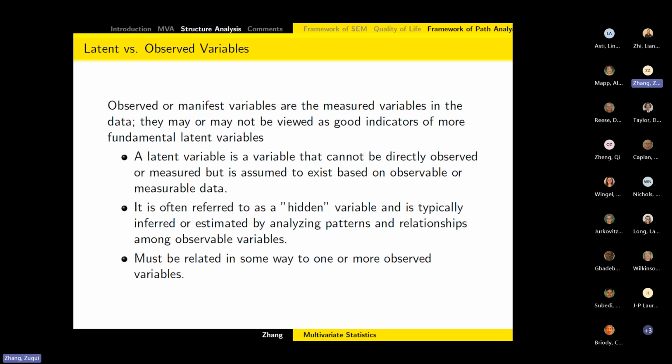They must be related in some way to one or more observed variables. For example, disease-related health status is measured by the 5 domains of the Seattle Angina Questionnaire.